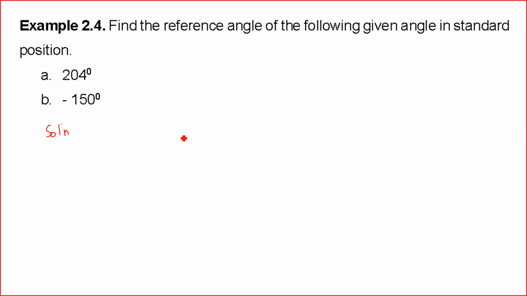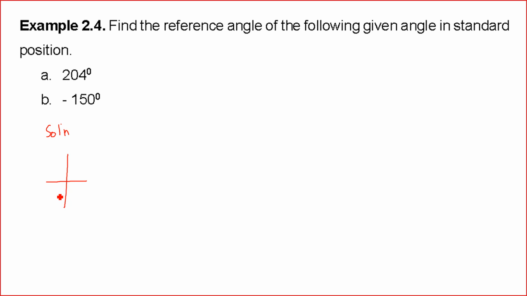The 204 lies in the third quadrant because in the Cartesian plane, this is 90, this is 180, and this is 270, and 204 is less than 270, therefore it is in the third quadrant.